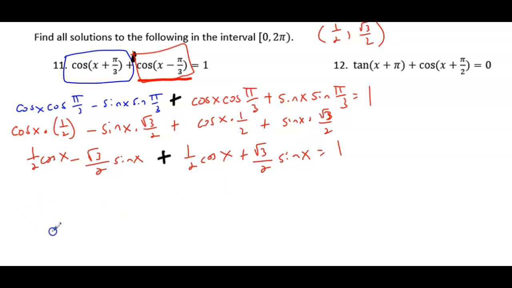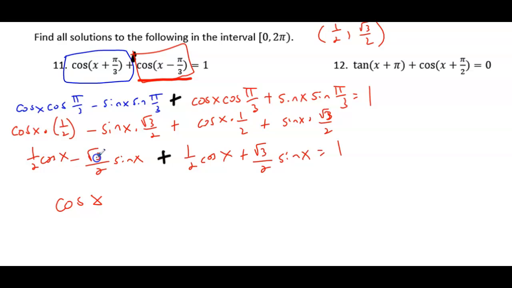Now, look for like terms. I have 1/2 cosine of x plus 1/2 cosine of x. 1/2 plus 1/2, or 0.5 plus 0.5, is a whole 1. So that gives me 1 cosine of x.